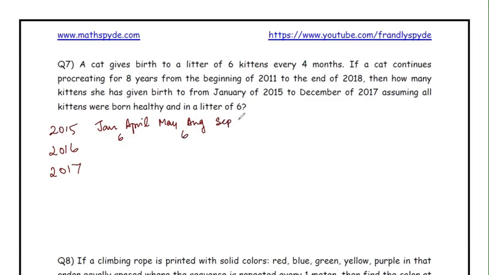And then September, October, November, December, we have 6. So that is 18 per year for all the 3 years, and that makes it 54. So the question is how many kittens she has given birth to in 15, 16, 17. That's 54. That's it.